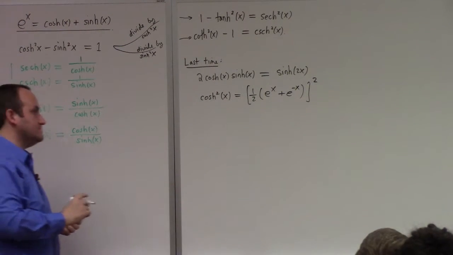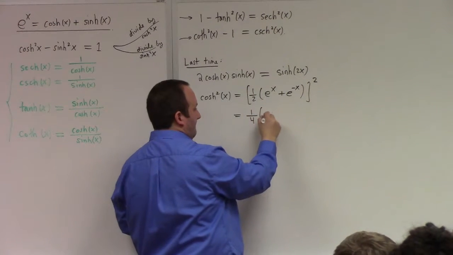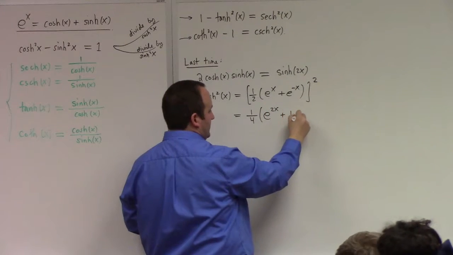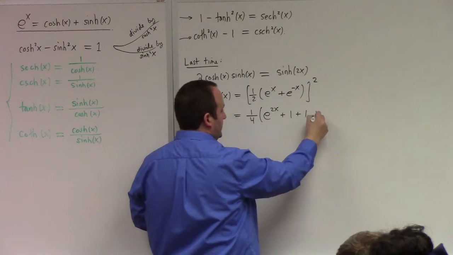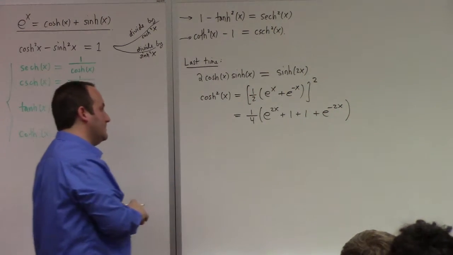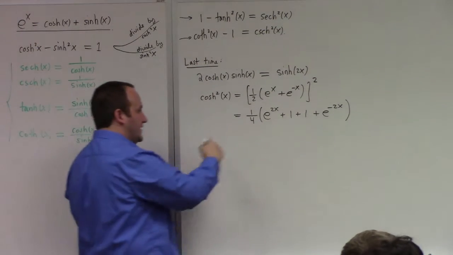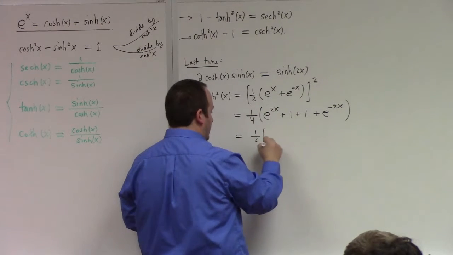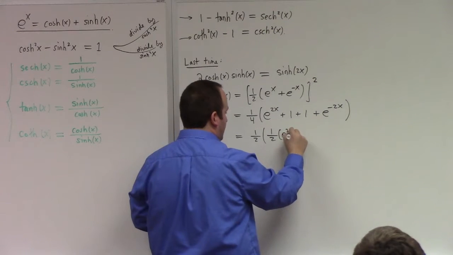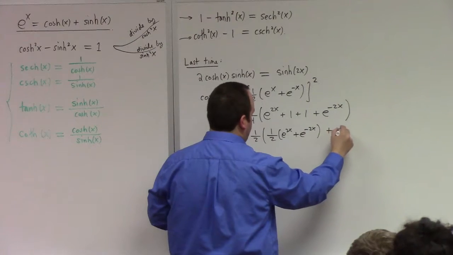And what does that give us? 1/4 e to the 2x plus 1 plus 1, plus e to the minus 2x. We can simplify that, right? The exponentials: I've got 1/2 of 1/2 e to the 2x plus e to the minus 2x plus what? Plus 1, right?